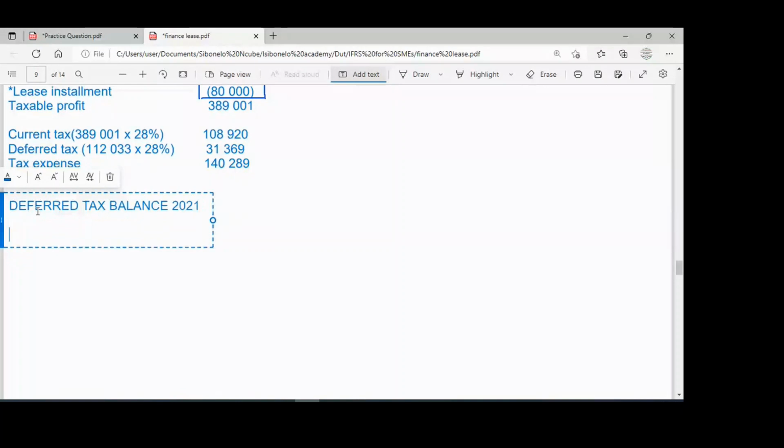Here we will have the carrying amount, CA, then the tax base, TB, then the temporary differences, TD, then the deferred tax using the same calculator at 28%, and as always we state whether it is a DTA or DTL.